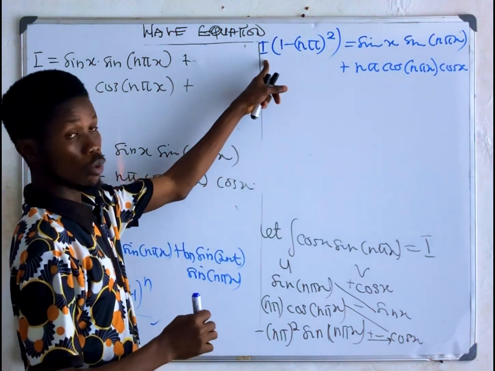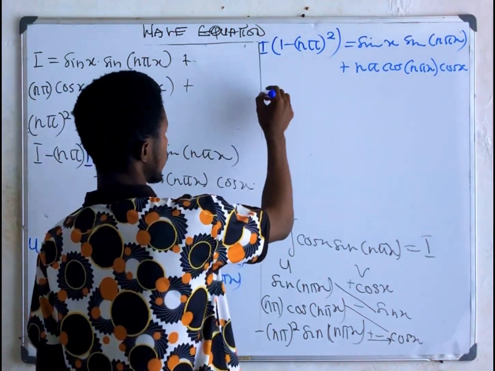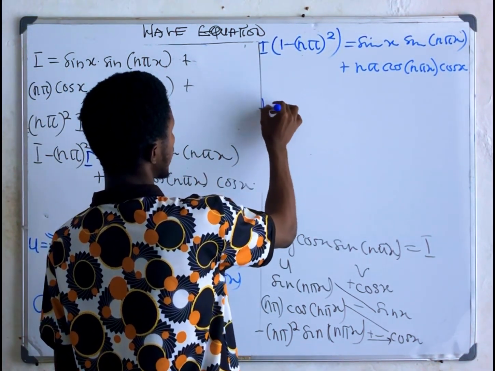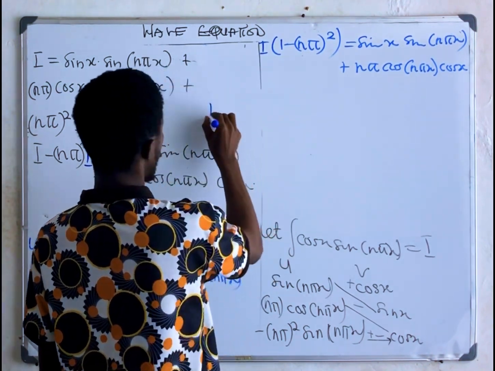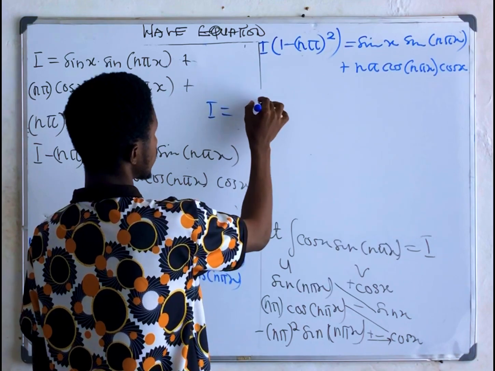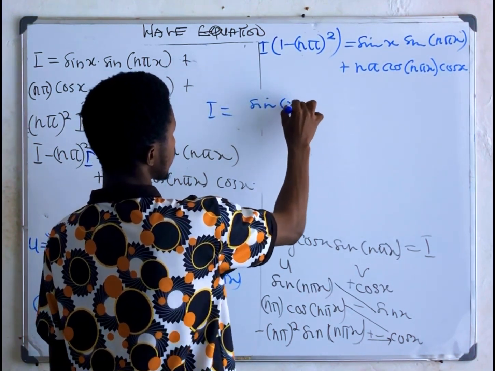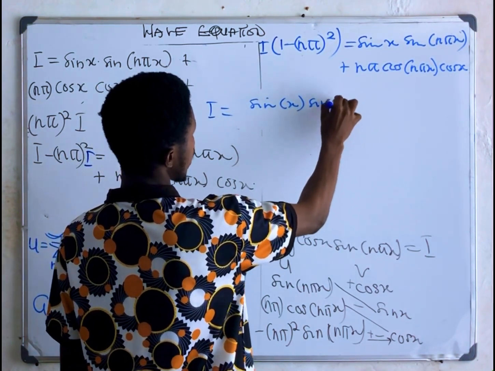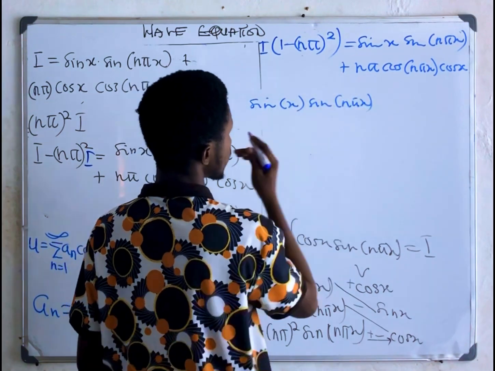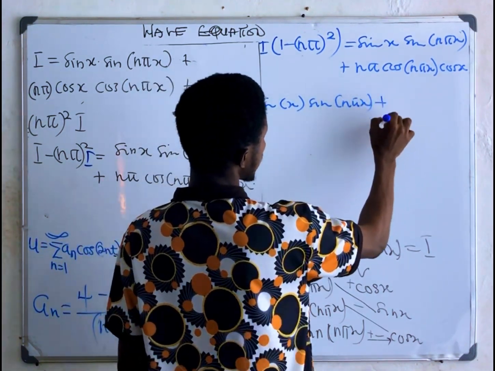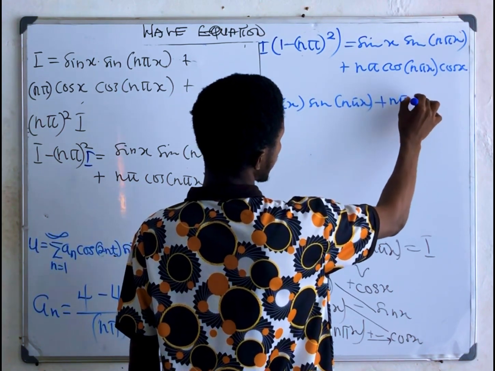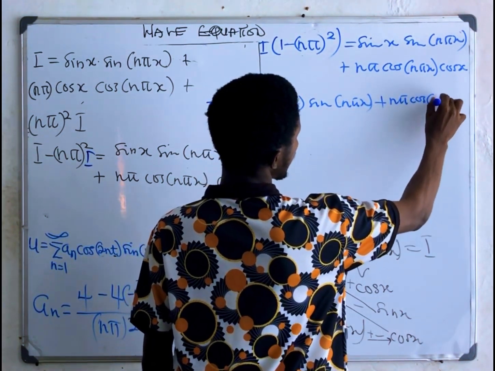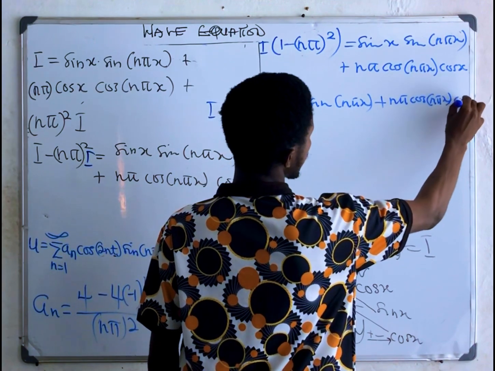Now we want the I to stand alone. So we say that I is equals to sine x sine n pi x plus n pi cos n pi x cos x.